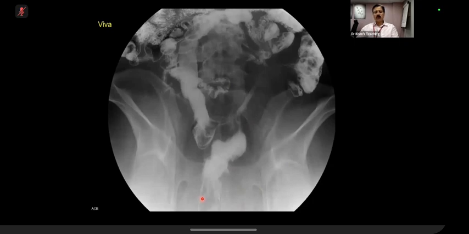Number two, sometimes we do prone films, and this is a known pitfall in the exam. They can show you follow-throughs, they can show you enemas where your anatomy changes and the cecum might be sitting on the other side. So beware of this, that it might be a prone film. And so there is a stricture here, and then there are strictures and fistulae formation.